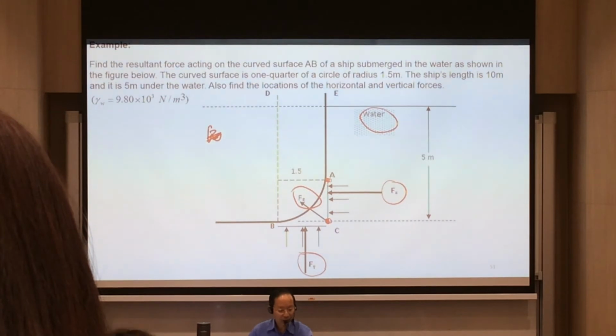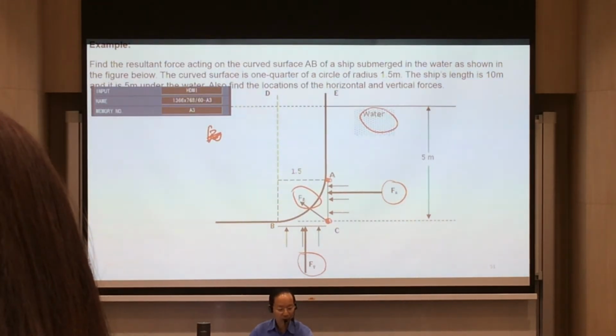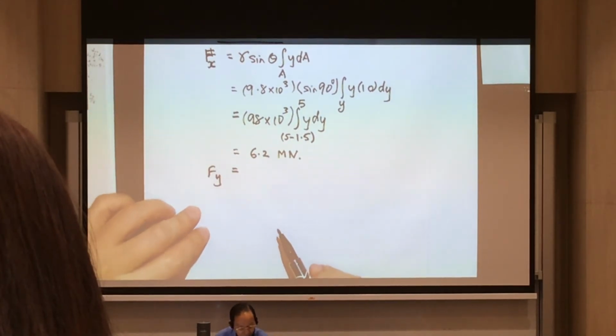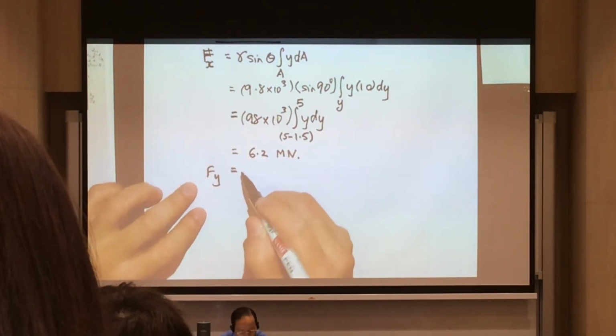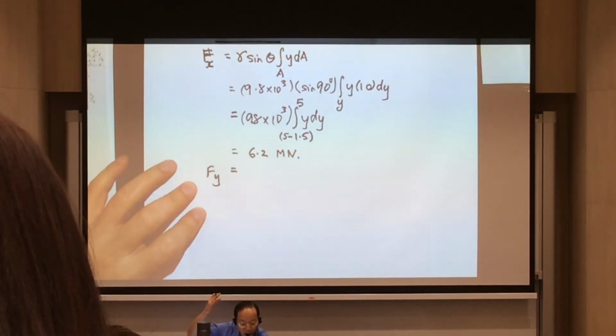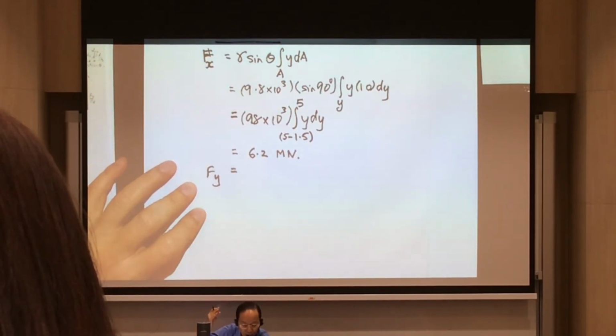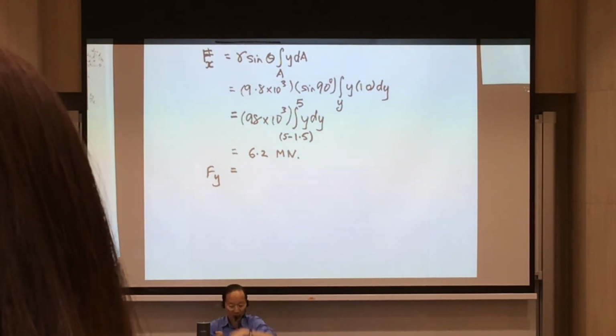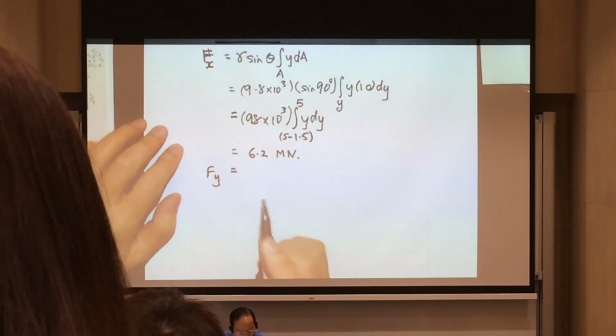So in this case, Fy is equal to mg, the weight of water contained in block ABDE of the ship. Equivalent, as if there's water there, because it has got to balance.